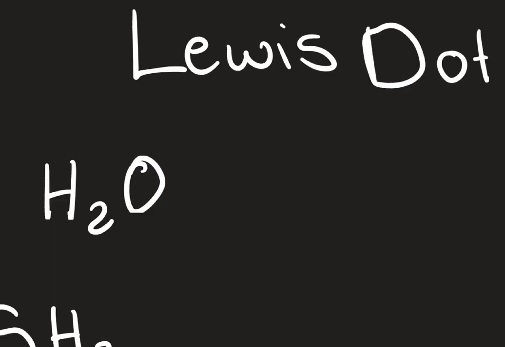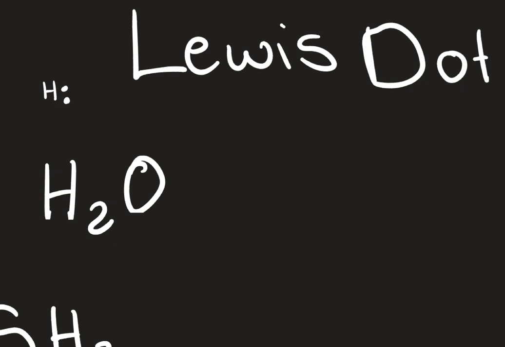All right, so now we're going to do our Lewis dot structures examples. We're going to start with H2O or water. We have looked at this molecule a lot. So remember, our first step is to figure out how many valence electrons will be in our Lewis dot structure. So we have to add up the valence electrons from our atoms. I'm going to start with hydrogen.